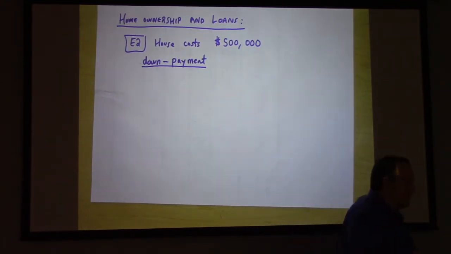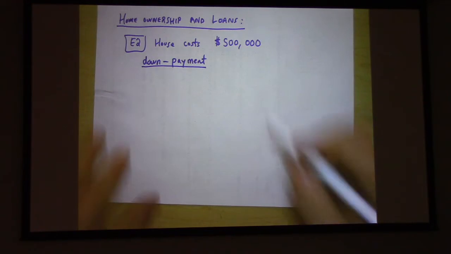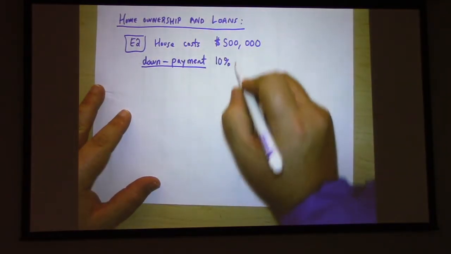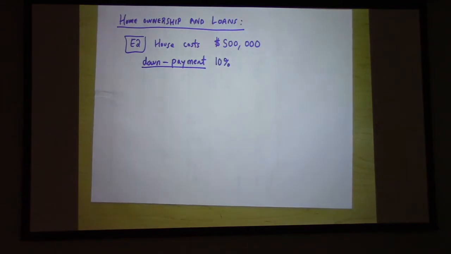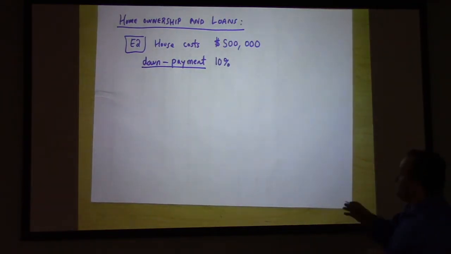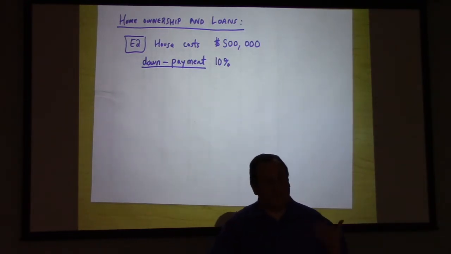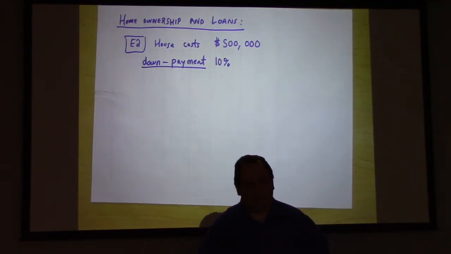That means 10% of the cost of the loan, here a $500,000 loan, you have to give on the day that you buy the house.